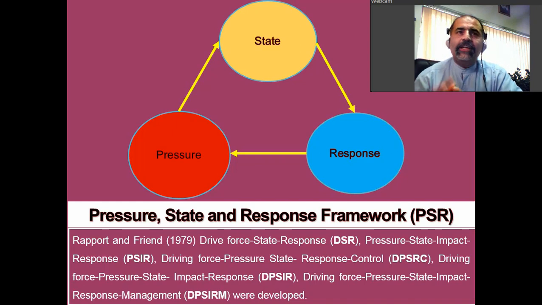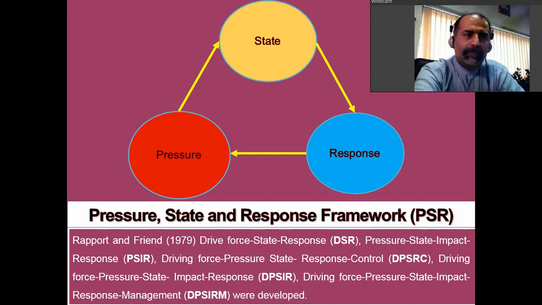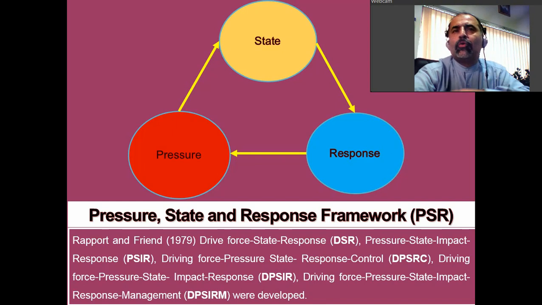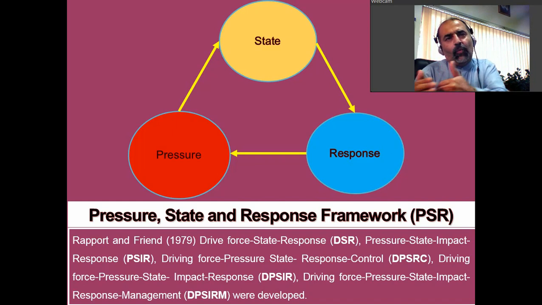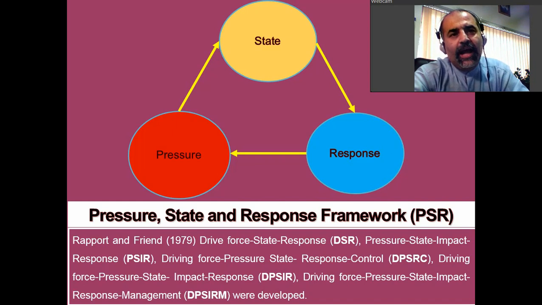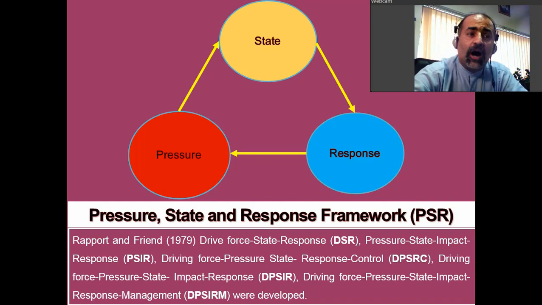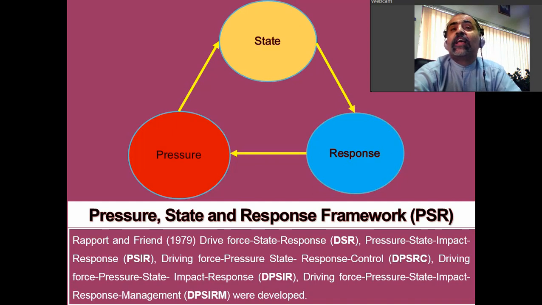So this approach and this concept was initially introduced by Rapport and Friend in 1979, and then it received lots of promotion and improvement. It went to DSR, and then to PSIR, and again it went to DPSRC, and then DPSIR, and finally DPSIRM.